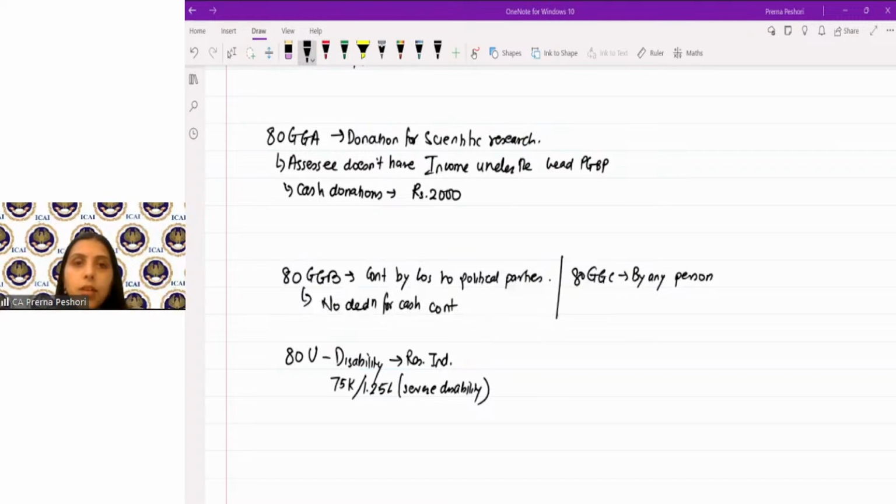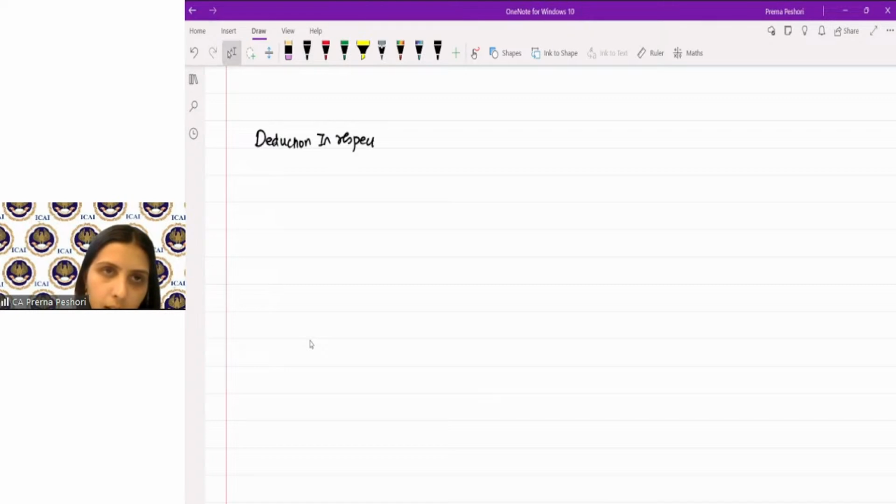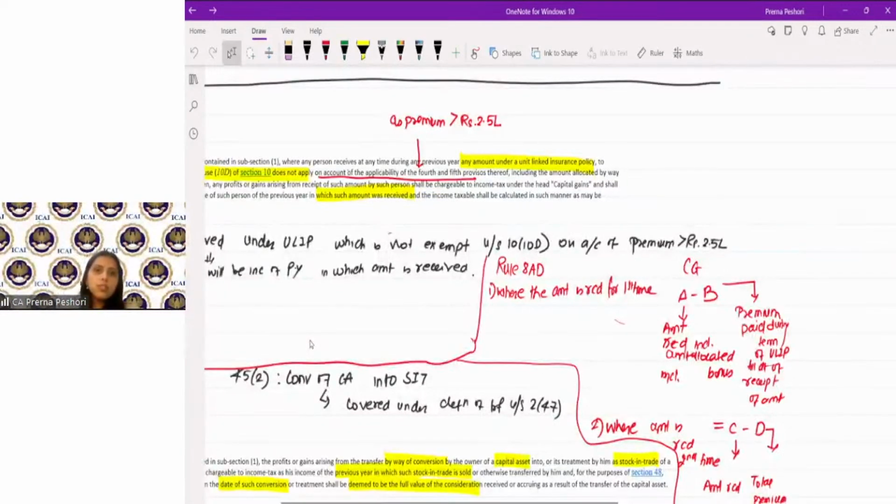Okay. Now we move towards the deduction in respect of income. Now understand, this is very, very important, and this is where most of the questions come.